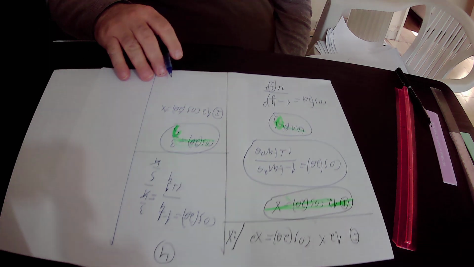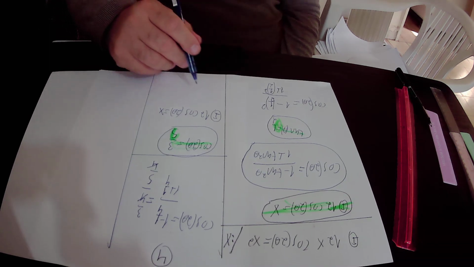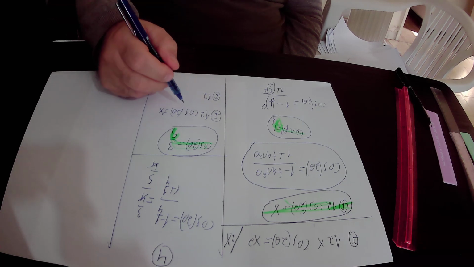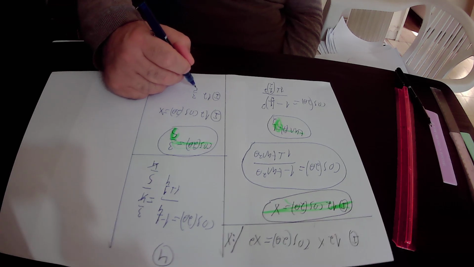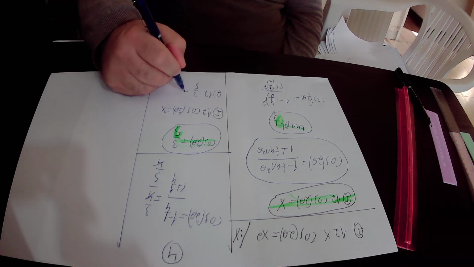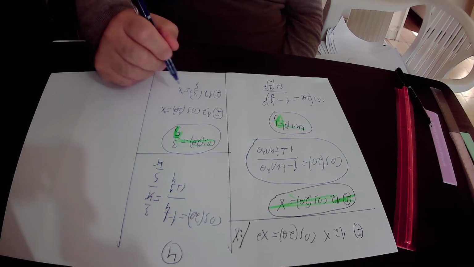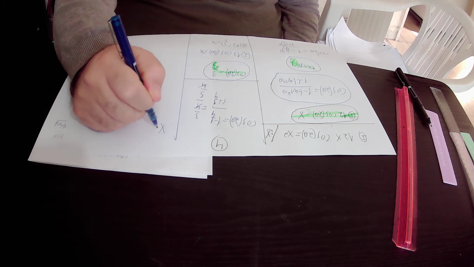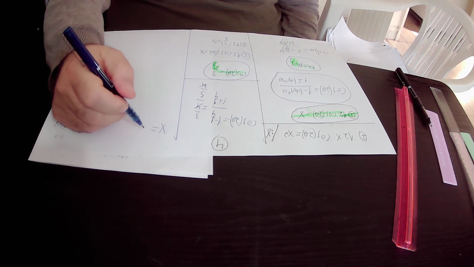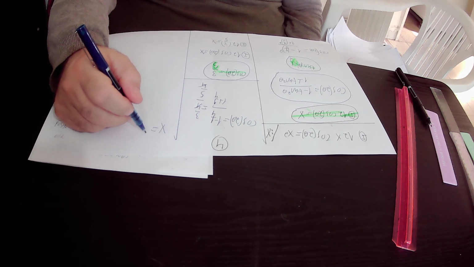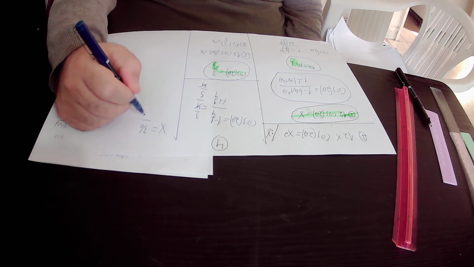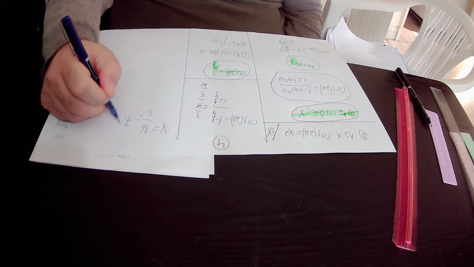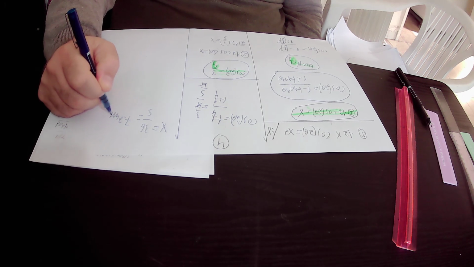We'll substitute cosine 2 theta by 3/5 and we'll get that 12 times 3/5 equals x. So x equals 12 times 3 is 36 over 5. 36 over 5 is 7.2 units.